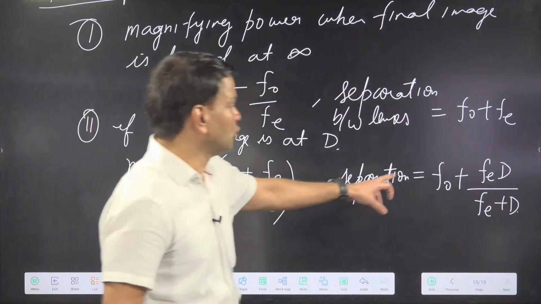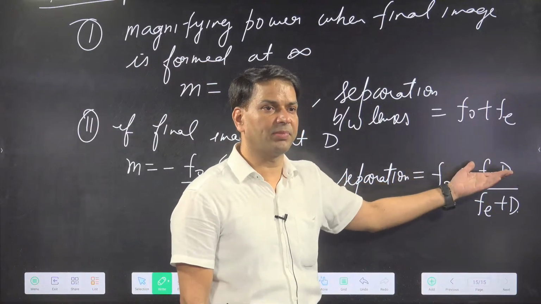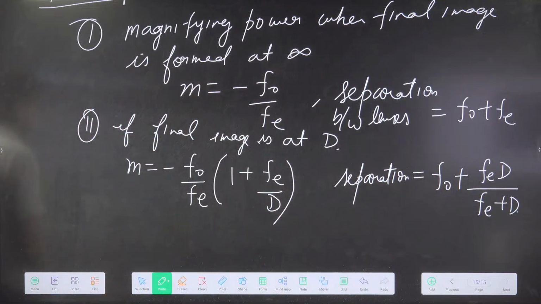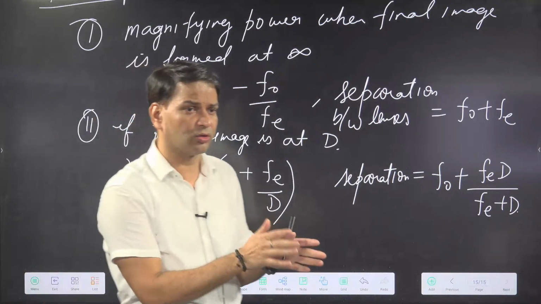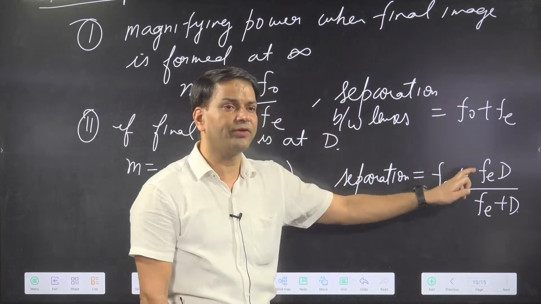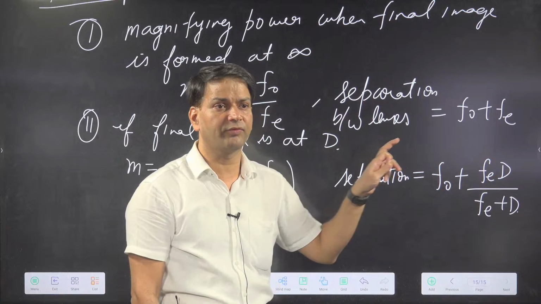This already we have learned. UE we will replace by FE into D upon FE plus D when they are saying final image is formed at capital D, whether it is a compound microscope or telescope.